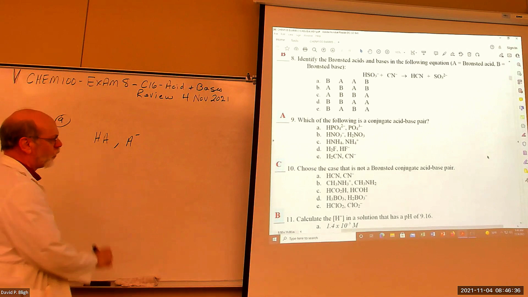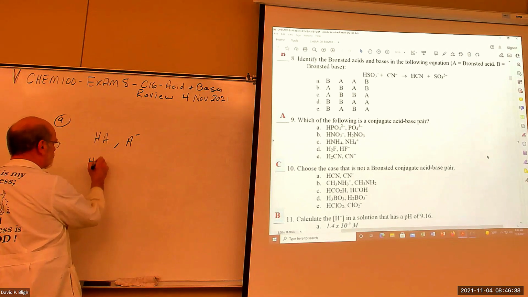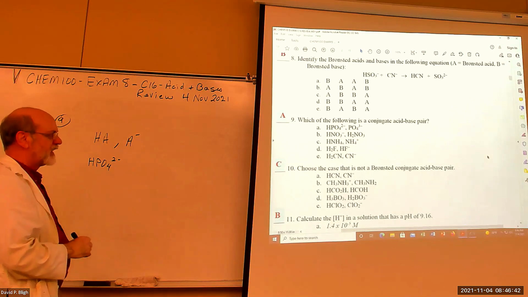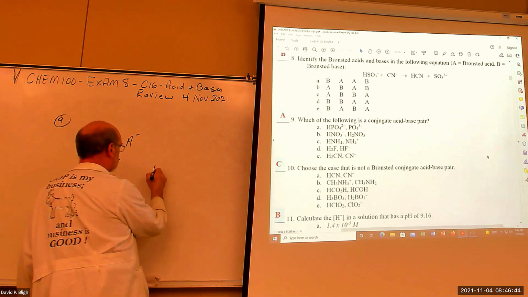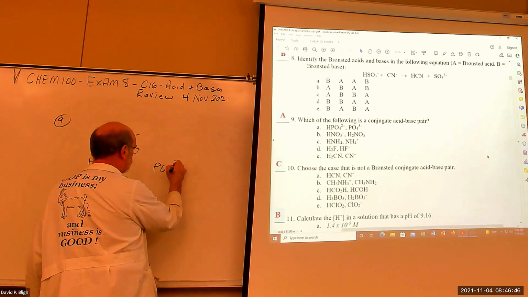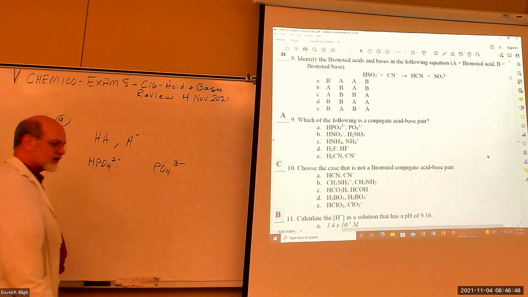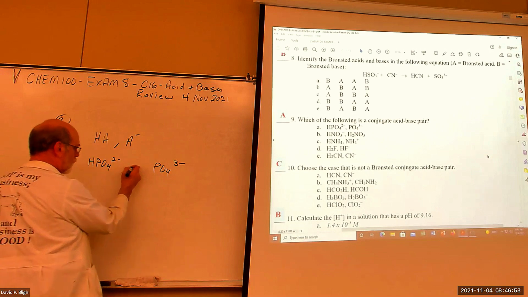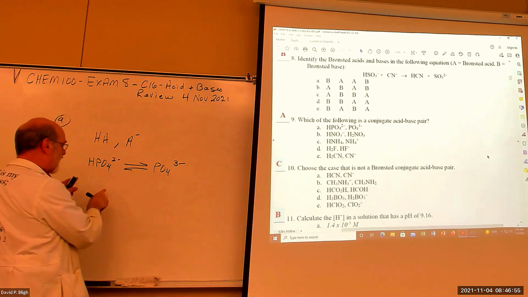So HPO4 2 minus, and then it says PO4 3 minus is the conjugate base. Is that true? Is this valid?